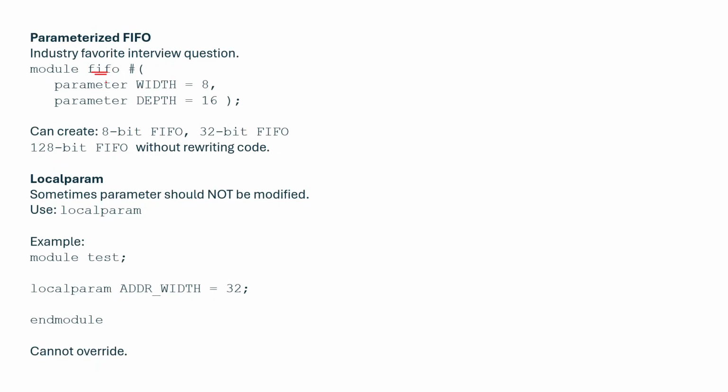Module FIFO. Inside that I am writing the address width and depth. These are global parameters, so we can override them, and without rewriting the code we are converting 8 bit to 32 bit or 16 bit to 32 bit.